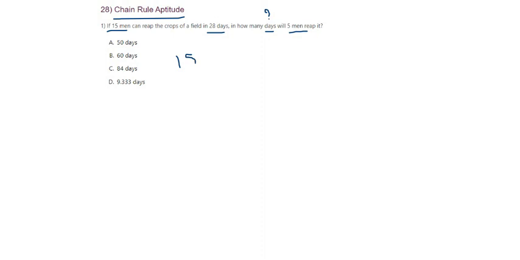So 15 men, let's take men. 15 men will reap the crop in 28 days. Always remember, when there's chain rule or work or anything, just always take it by inversing your digits, that is 1 by 28, because that is how you get the accurate answer. And 5 men, this is for 1 by 28 days, but let's take this as x.